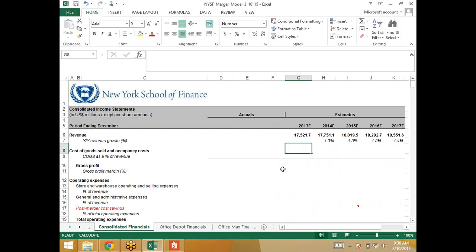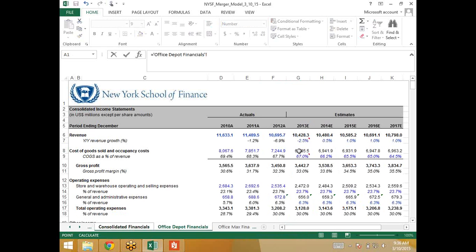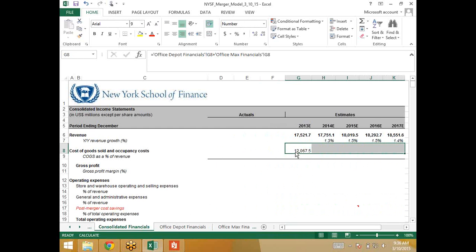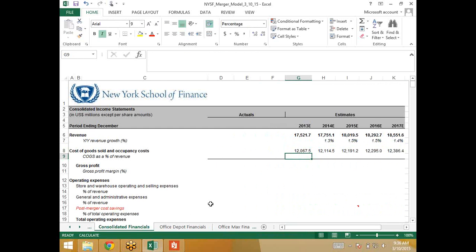We continue. COGS, acquirer plus target COGS. Office Depot COGS plus Office Max COGS. Copy to the right. And let's back-calculate what the implied percentage of revenue is by taking cost of goods sold divided by revenue. Copy to the right.